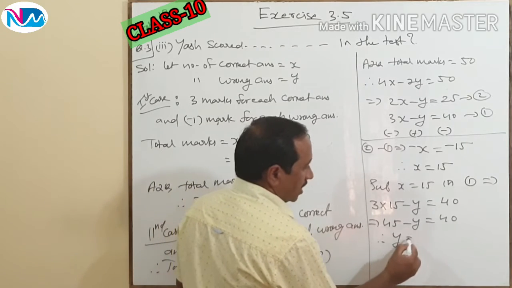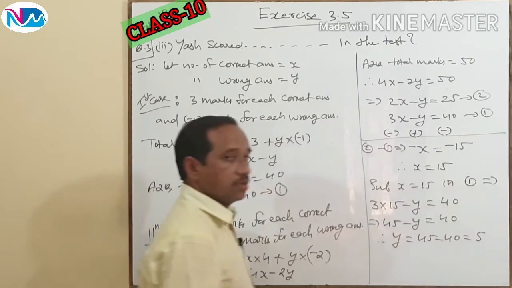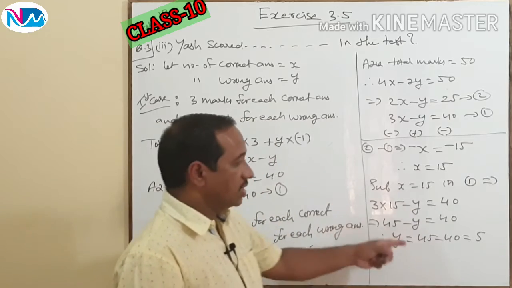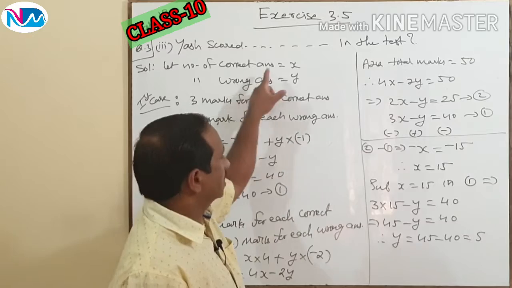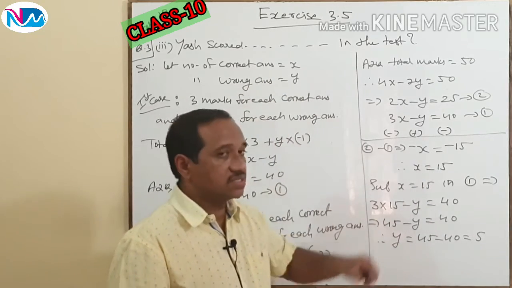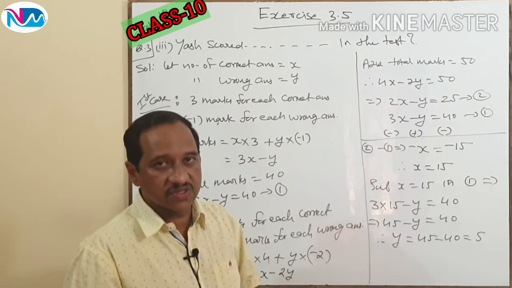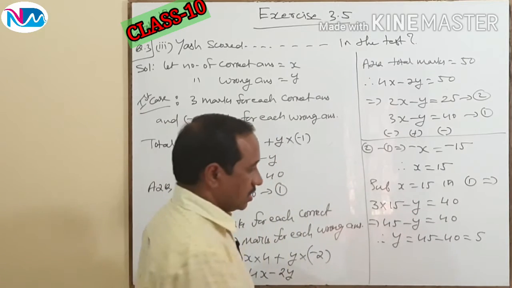Therefore, y is equal to 45 minus 40, which is equal to 5. So x is equal to 15 and y is equal to 5, meaning the total number of correct answers is 15 and the total number of wrong answers is 5. We have to find the total number of questions in the test, that is the sum of x and y.